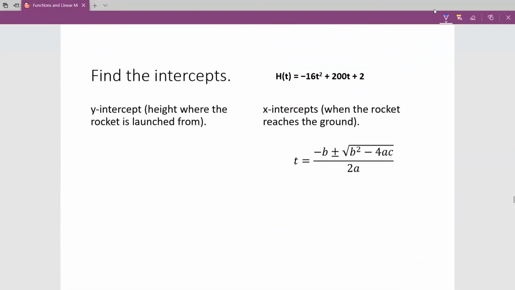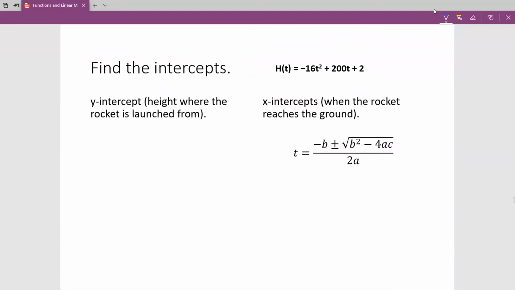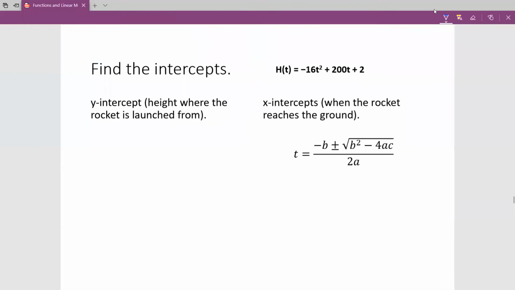Now let's find the intercepts. Here again, a is -16, b is 200, c is 2.